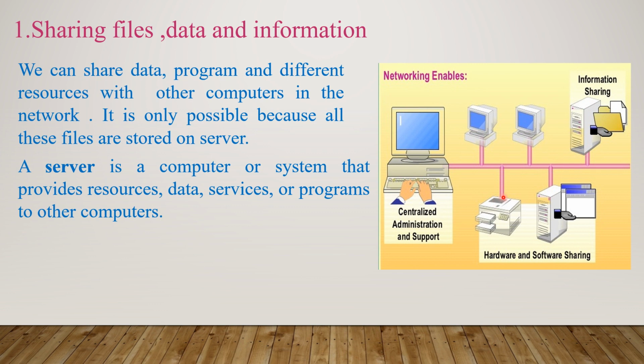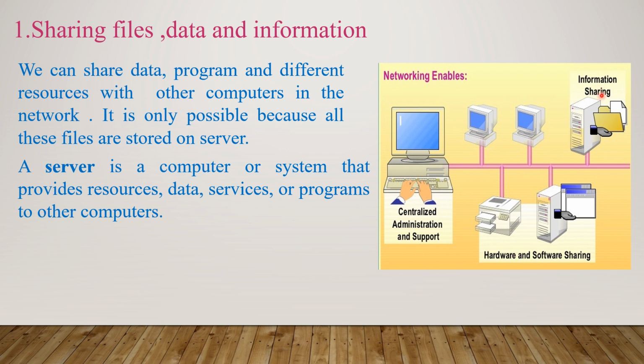Look at this picture. In this picture we have 5 computers and 1 printer, and all these devices are connected with each other through this communication path. Here this computer and this computer are known as server computers. Here all the files, data, services and programs are stored.